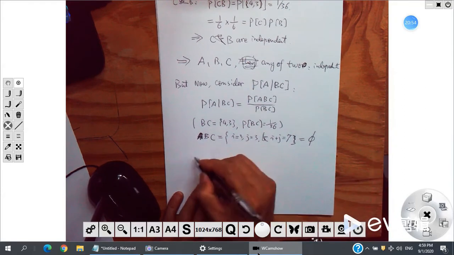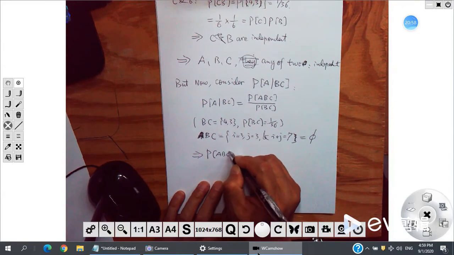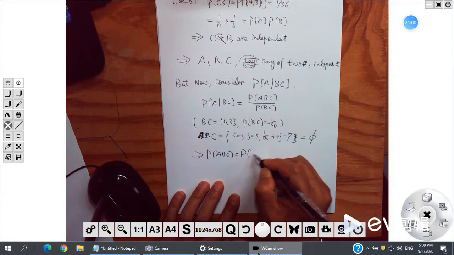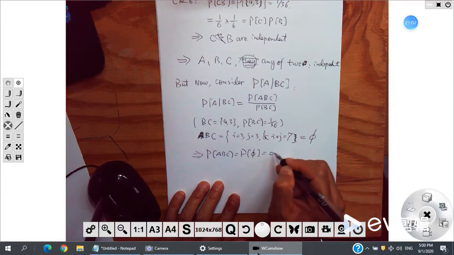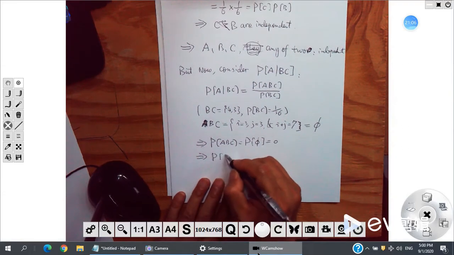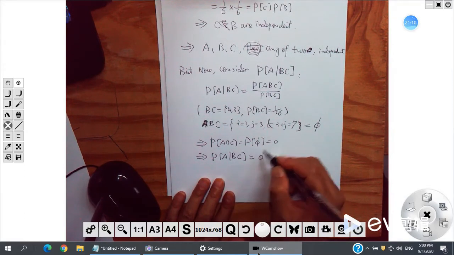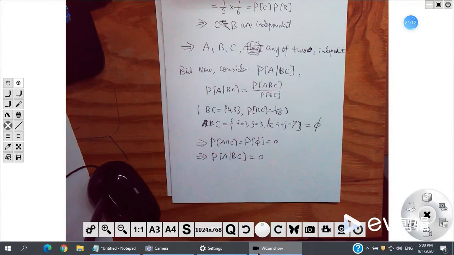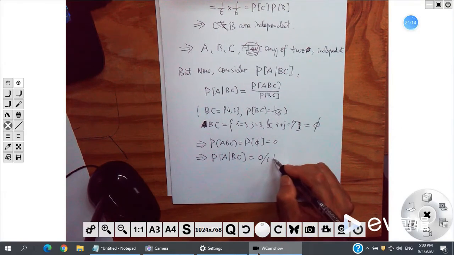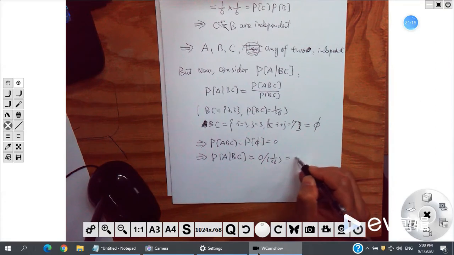So we have P of A, B, C, which is just the probability of empty, that is 0, right? This is impossible. And then we have P of A given B, C is 0 over P of B, C, right? 0 over 1 over 36. So this is 0.